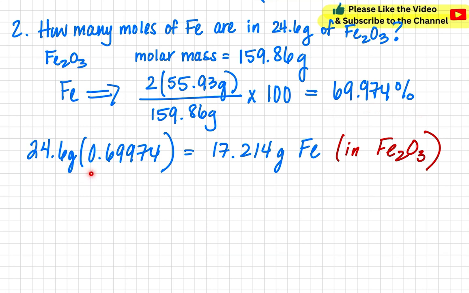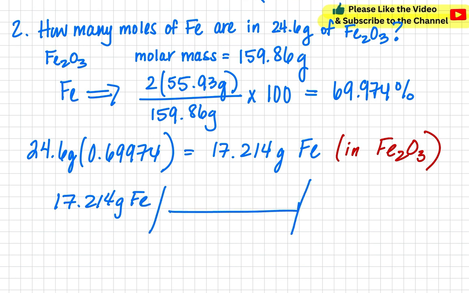69.97% is the same thing as 0.69974. I just moved the decimal point 2 places to the left. Okay, but we still have to find out how many moles. If we have grams, we can get to moles. So we're going to do 17.214 grams of iron. Whatever we start at the top, we put at the bottom. And we know that there's a direct conversion factor from mole to gram.